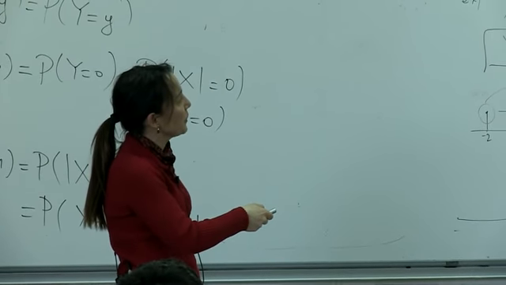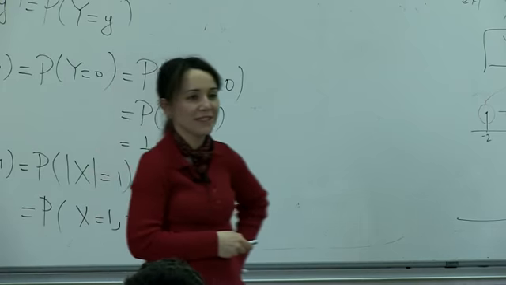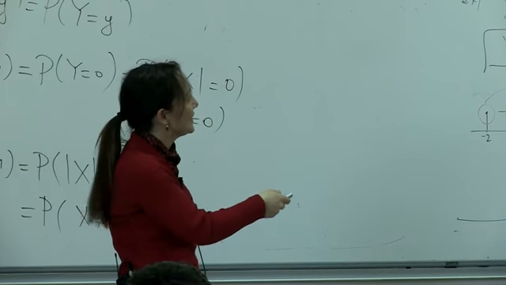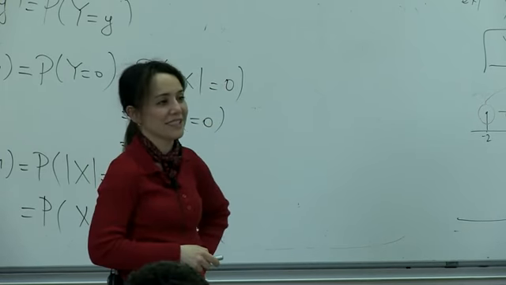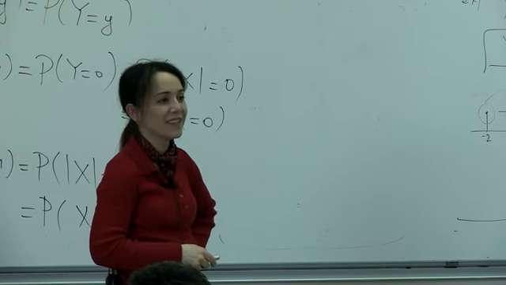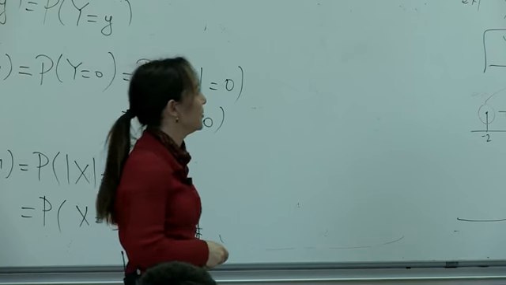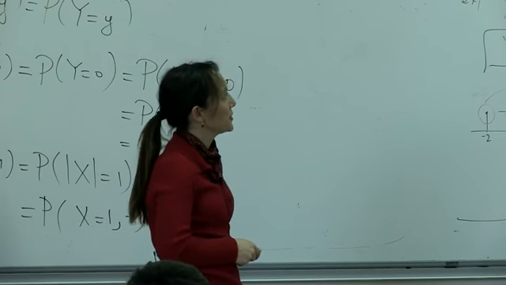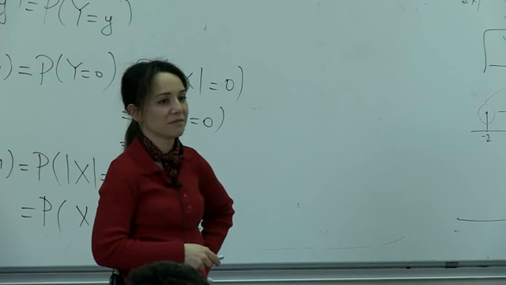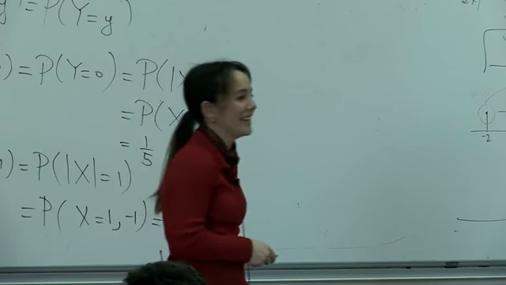So what happens when we take x, the random variable x, and pass it through the discrete unit step function? If x is positive, then y is 1. If x is negative, then y is 0. Nice. Okay. What happens if x is 0? Okay.